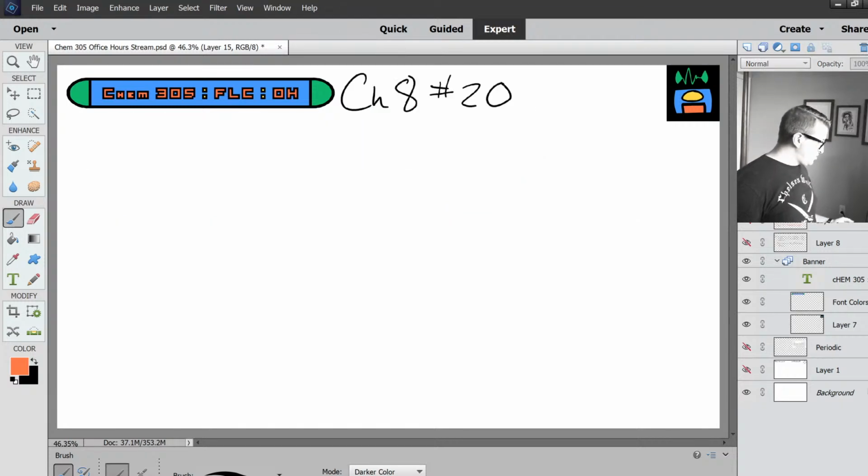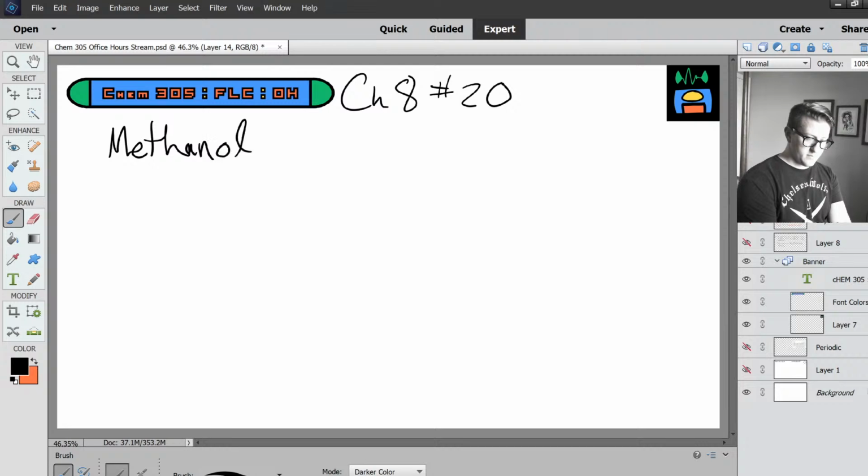All right, now let's do chapter 8, number 20. Methanol is a polar solvent. Heptane is nonpolar. In which of the two solvents are each of the following solutes more likely to be soluble? Okay, so we have two things. We have methanol, which is polar.